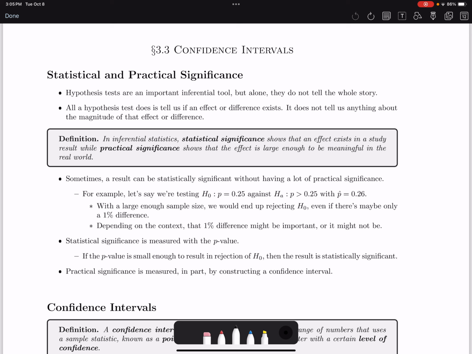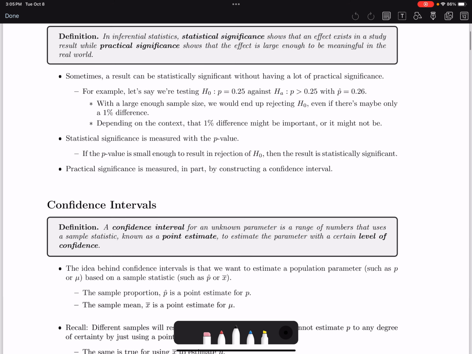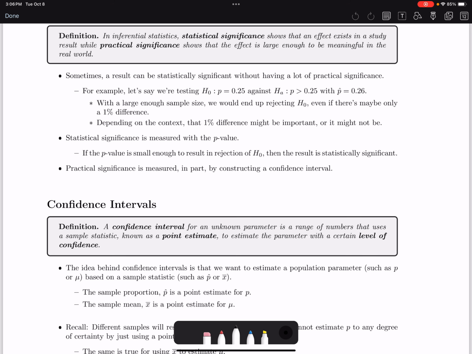Even though there's maybe only like a 1% difference between what we're observing and what the null hypothesis states, right? Now, depending on the context, that 1% difference might be important, maybe not. So in any case, we want to get a measurement for about how much of a difference we have between what the null hypothesis says and what was observed. And that's where confidence intervals come into play.